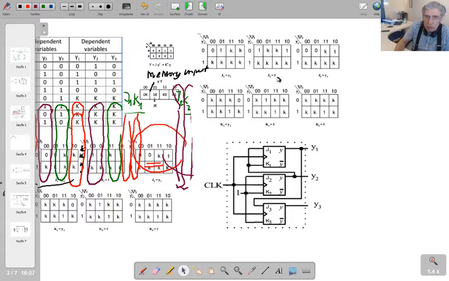So J2 is equal to 1, K2 is also equal to 1, connected to 1. And J3 is Y1, it goes to here. And K3 is equal to 1, isn't it, that one? So it is connected to here.